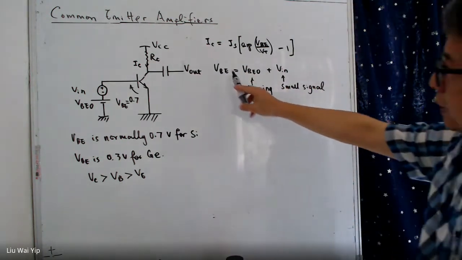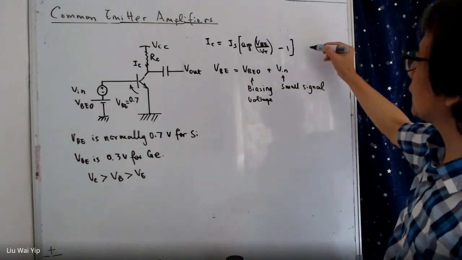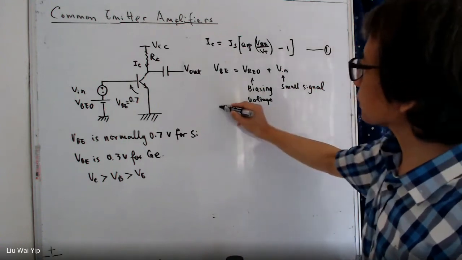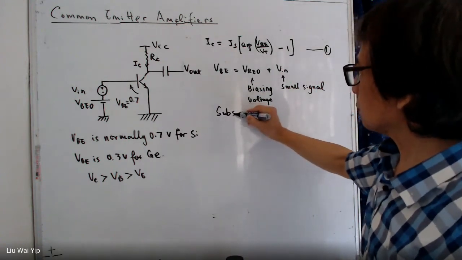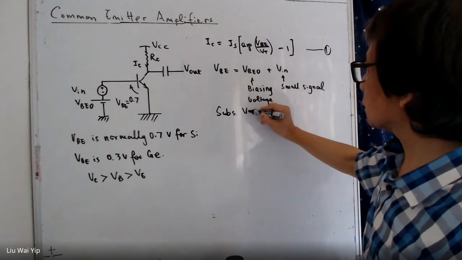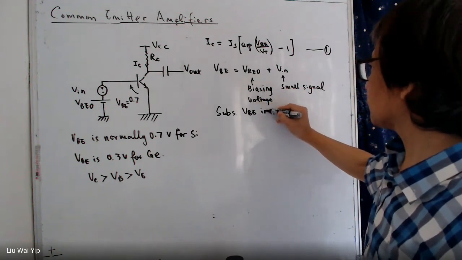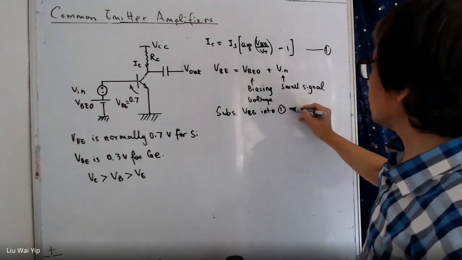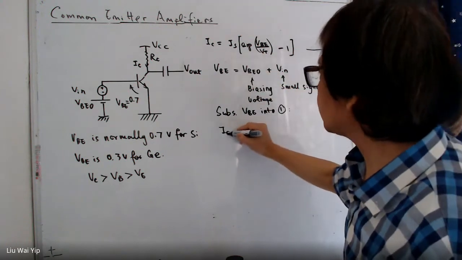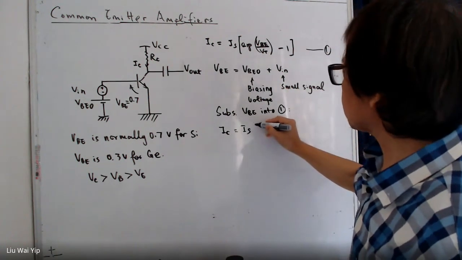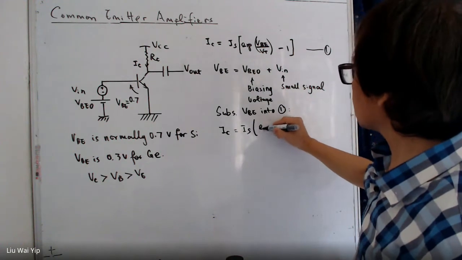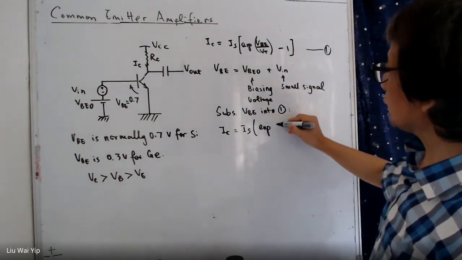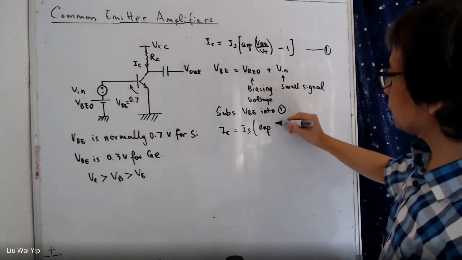So if we substitute VBE directly into equation 1, we will get IC equals to, and then VBE is this one.